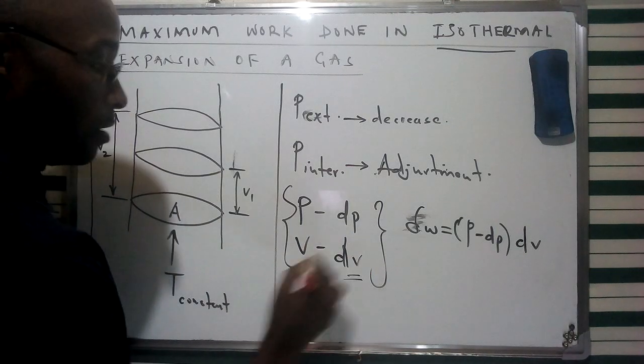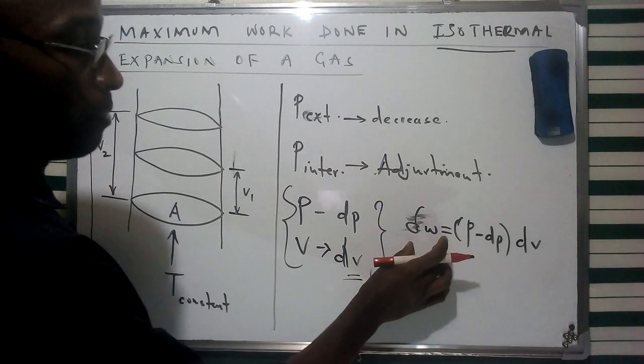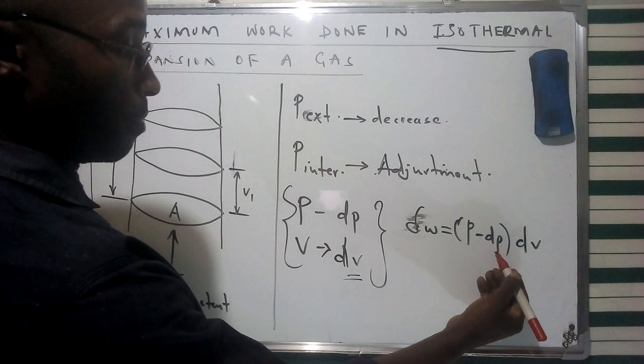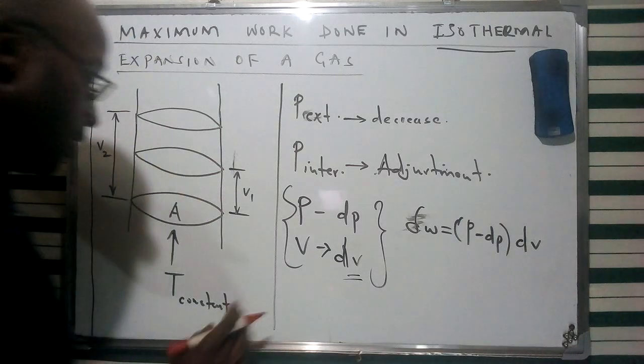So this is the small change in volume, and this is the change in pressure. So we can give this element of work as the internal pressure minus the adjustment in pressure, times the change in volume, given as such.